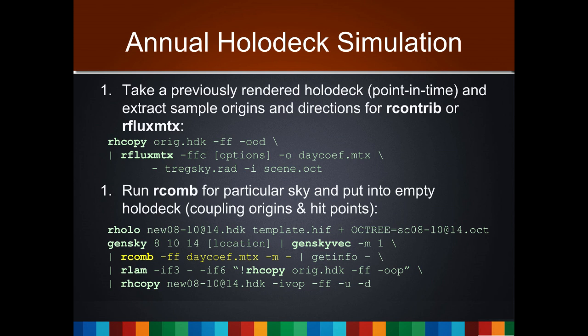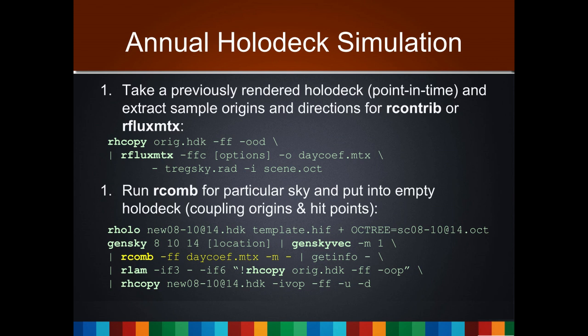So you start by creating an empty holodeck using a template that corresponds to this original holodeck. And you specify at the same time the octree for that other sky condition in case you're doing a live calculation. You use GenSky for that sky condition, send it through GenSkyVect to get a vector out, and then apply that vector, which is a matrix input.